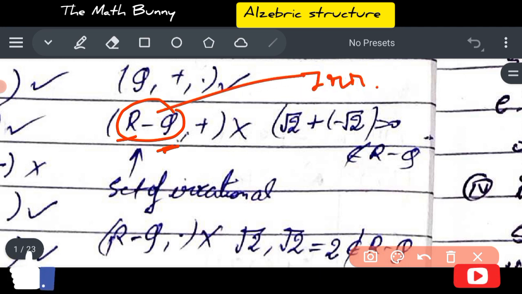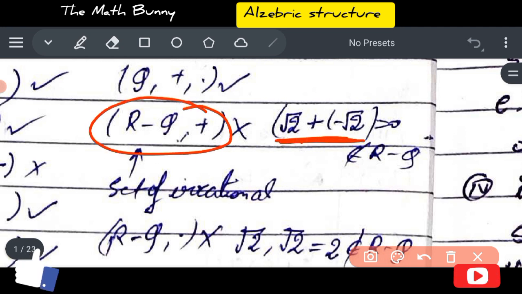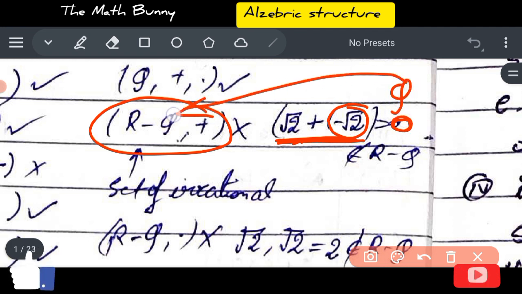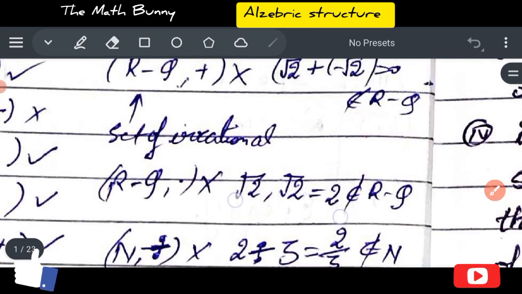And if we add irrational numbers, as you can see, we have added root 2 and minus root 2, but we get the result 0, which is a rational number and does not belong to this set, R minus Q. R minus Q means irrational numbers, but 0 is a rational number. So this is an exception, and it can't be an algebraic structure. We have got a contradiction.